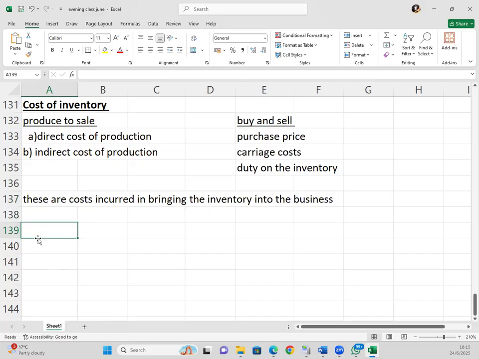Net realizable value. So what about the net realizable value? The net realizable value, we can call it NRV. If we are looking at the net realizable value, this is what we are expecting to get if we are to sell the inventory that we have.